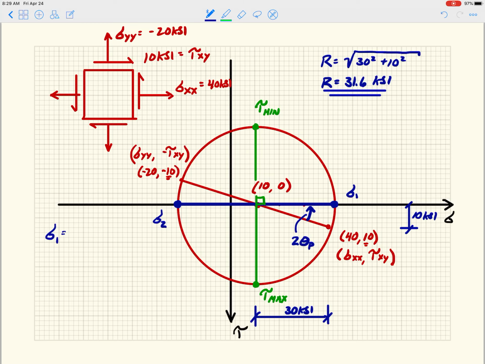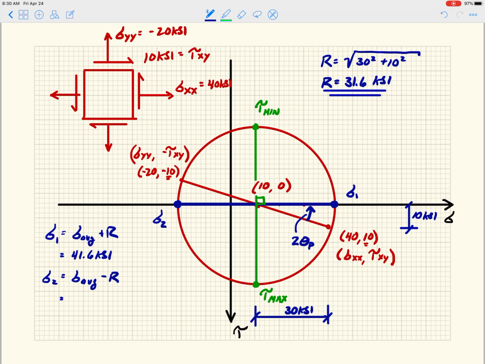Okay, so now what is sigma 1? Well, sigma 1 is going to be sigma average plus the radius. So this will be sigma average plus r, which in this case would be 41.6 ksi. Sigma 2 is always going to be sigma average minus r.